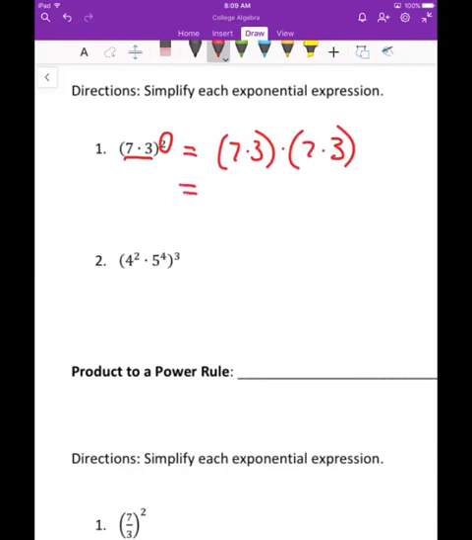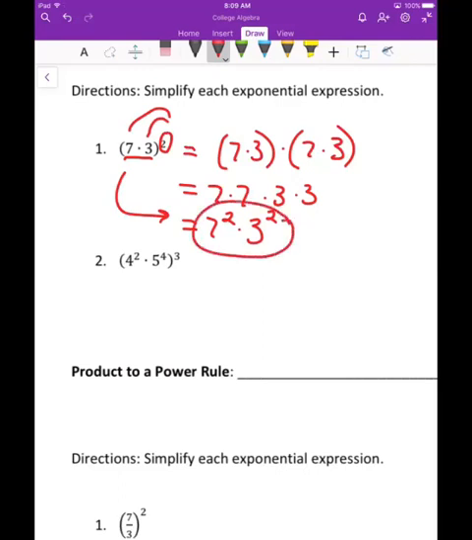So that is just 7 times 7 times 3 times 3, if I reorder that multiplication, which we know we can do. So what happens here is I end up with 7 squared times 3 squared. So both of those bases in the product get the exponent on the outside to become 7 squared, 3 squared. Now we could simplify those numbers, but again, we're just trying to figure out what that rule is overall. So we see there that the rule is that the exponent goes to both.